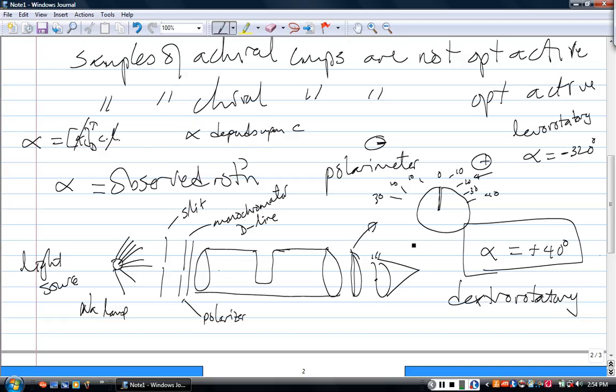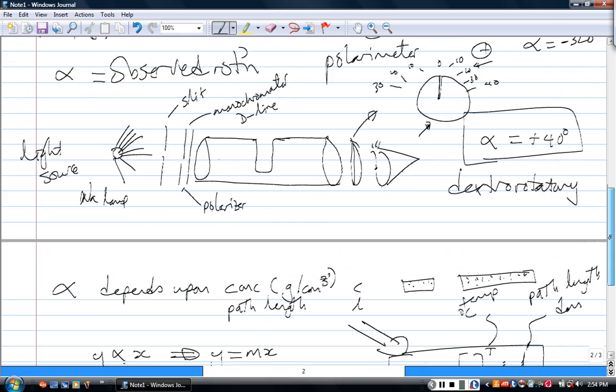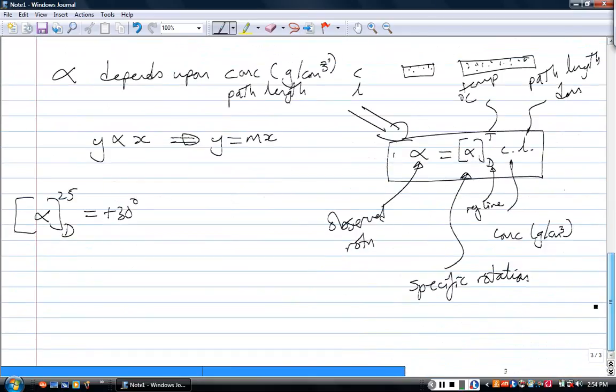And minus 160 would be somewhere here. So I would actually run 2 experiments. I'd run the first one, and then I'd run a second to decide whether my sample really is levo or dextro. So you run 2 experiments, one at a certain concentration, and then one, pretty easily, at half concentration, and we can pinpoint the alpha value for a compound.